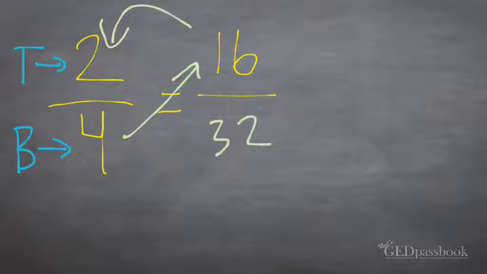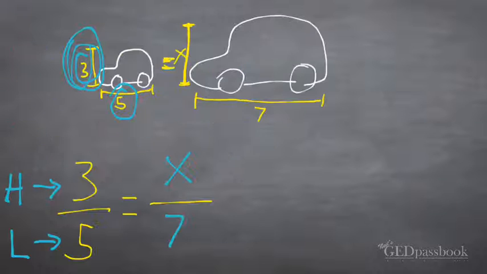So how about we go back to our car problem, and we find out the height of our new car. 3 times 7? Yes. 3 times 7, whatever that answer is, you then divide by 5. What's 3 times 7? 21.